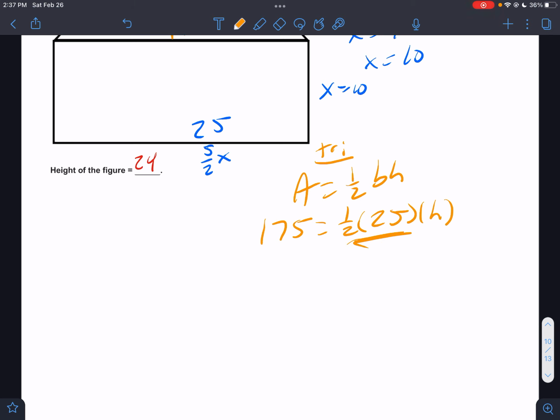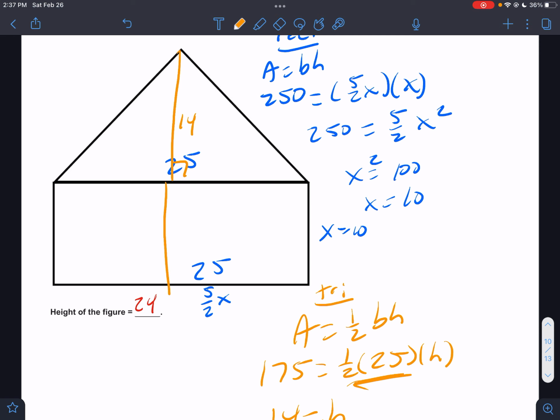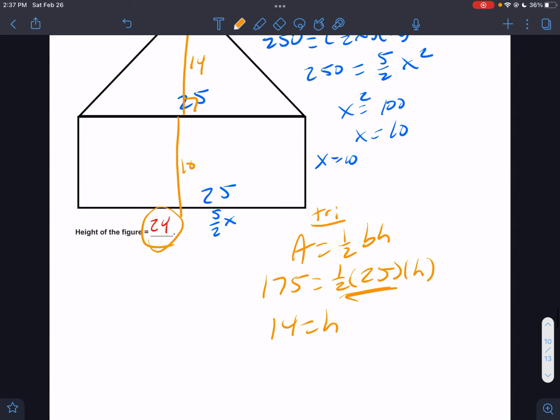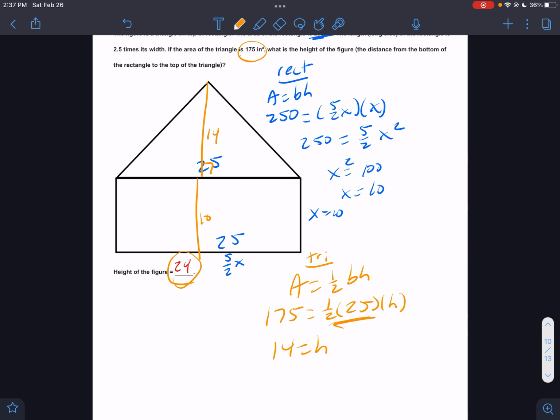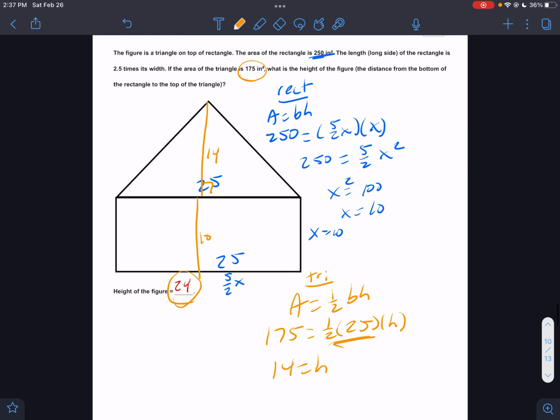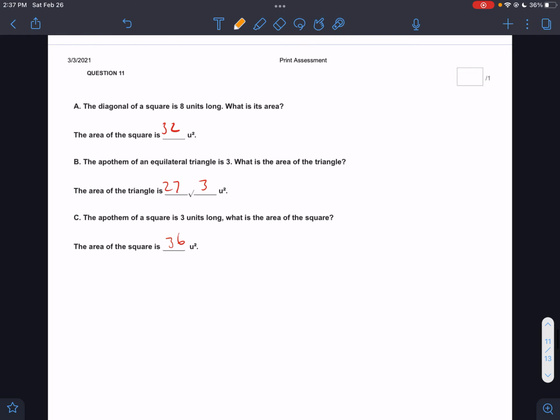How do we undo times 25? We divide by 25. That would be 7. And then how do we undo 1/2? That'd be times 2. So 14 equals h. So this height is 14, and this height is 10, so the combined height has to be 24. I like it. Next questions.